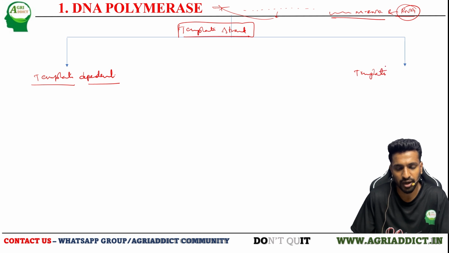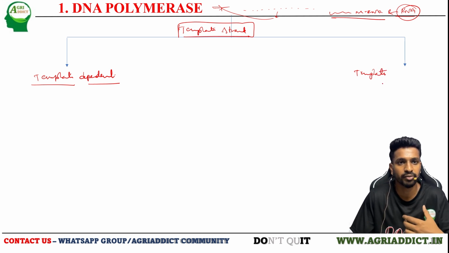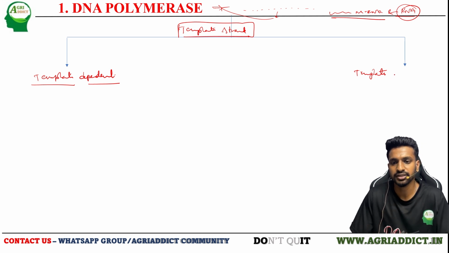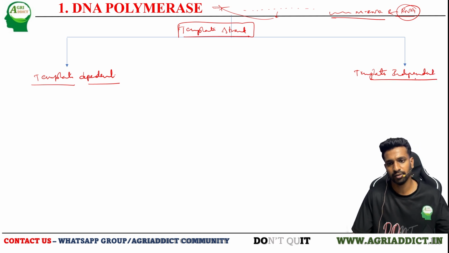That means without the aid of a template, or without the presence of the complementary sequence, they are able to produce a fresh stretch of DNA by adding nucleotides. So these are the two broad categories under DNA polymerase enzymes.